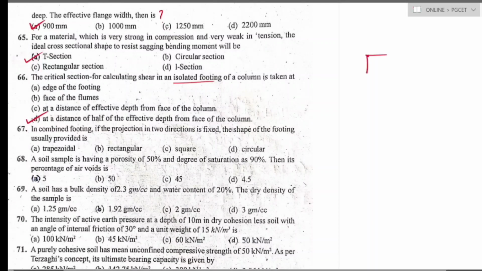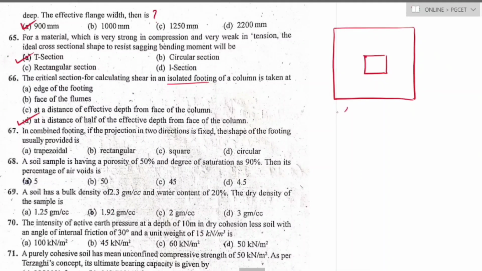Consider a column and footing of dimension B and D. The critical section is taken at a distance of half of the effective depth, that is, this is the critical section taken at a distance of D by 2 from the face of the column.